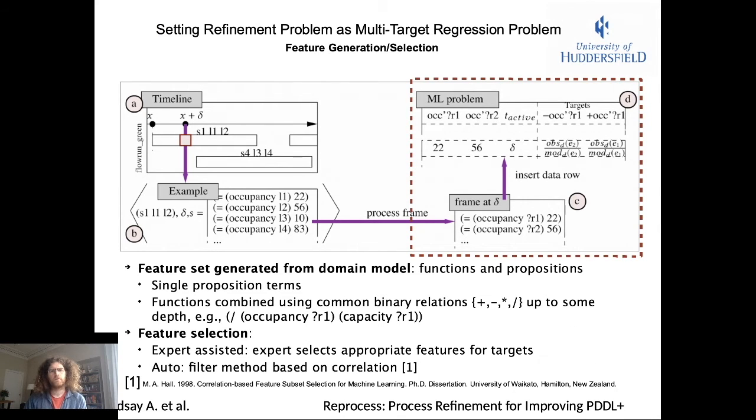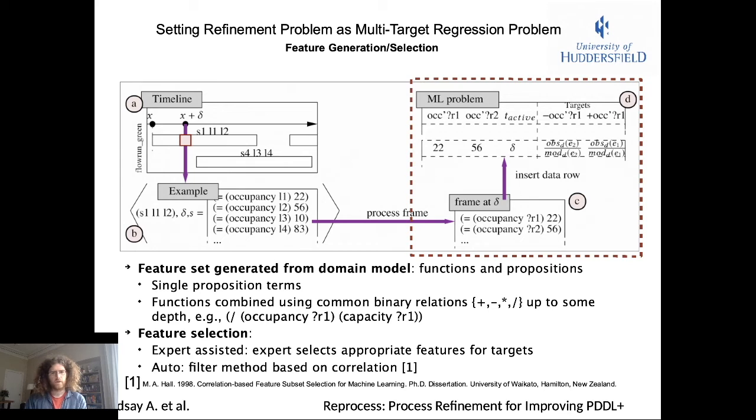So in terms of feature generation and selection, when we're going from our frame to the machine learning problem data point, we use the functions and propositions of the domain model, and we use the common operations to combine them up to some depth.